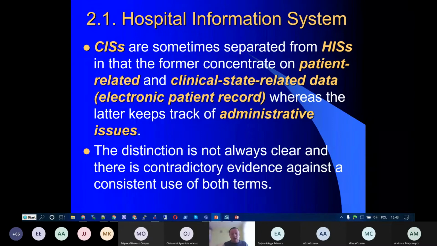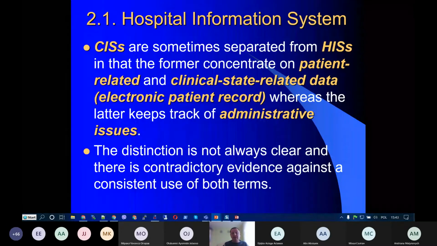Later, our hospital information system keeps track of various administrative issues. For sure, it is also used to manage electronic medical records, but the primary goal is hospital automation. So it has to deal with hospital resources like wards, equipment, schedules, and so on. And only after that is it dedicated to managing electronic medical records.